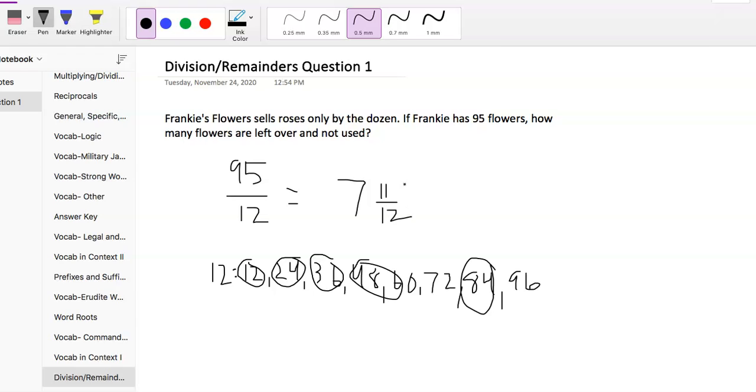Right? 11 twelfths, or just 7 with a remainder of 11. And so the answer that we come up with there is 11. Hopefully that makes sense how we went about that. Some of these may take a little practice. We'll look at one other one on division and remainders.